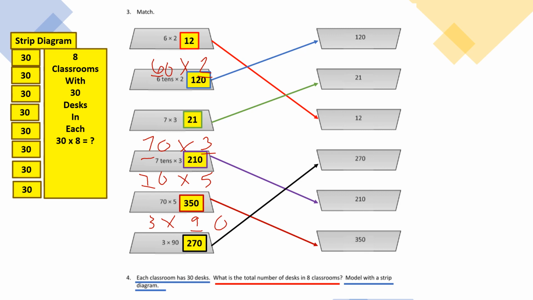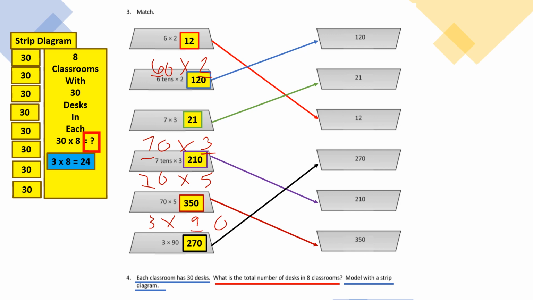So again, when we have a number that's a multiple of 10 and we're multiplying that times a one-digit number like 8, we just focus on the first two numbers, which is 3 times 8. And 3 times 8 is 24. Well, we have to do something with that 0.